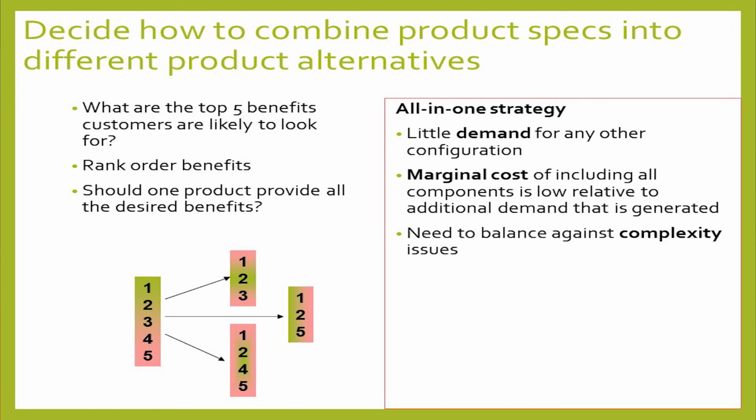Since our focus is a bit more on the management side of the innovation process, we'll look at some general strategic approaches to ideation. First, you could have one product that matches the competition on the key product characteristics and then provides all of the top benefits that the target market is looking for. Alternatively, you could look at basic premium strategies for how to embed features into a new innovation.